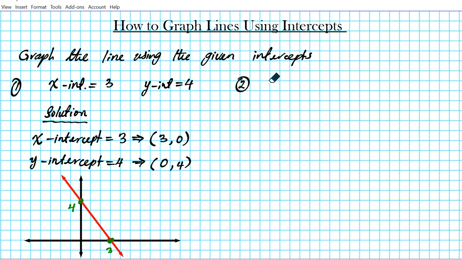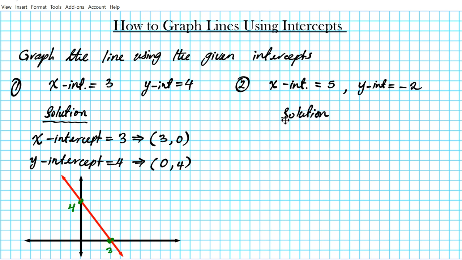So let's say in this case the x-intercept is 5 and the y-intercept is -2. All right, so let's take a look at the graph of that.